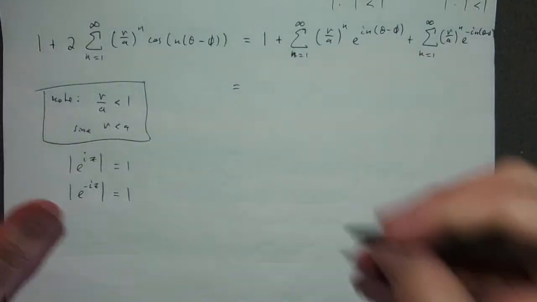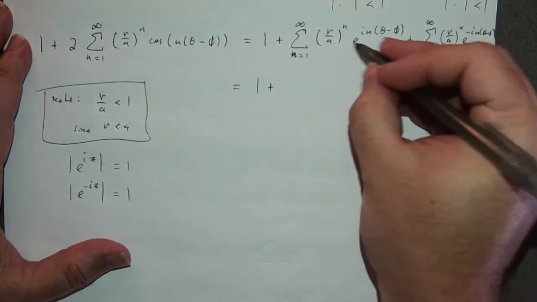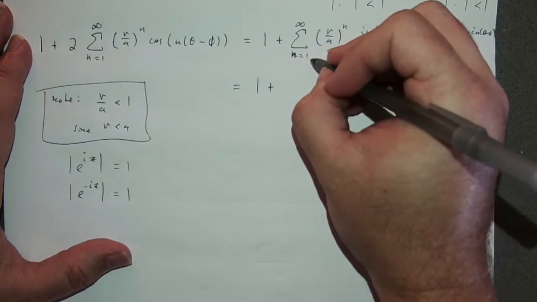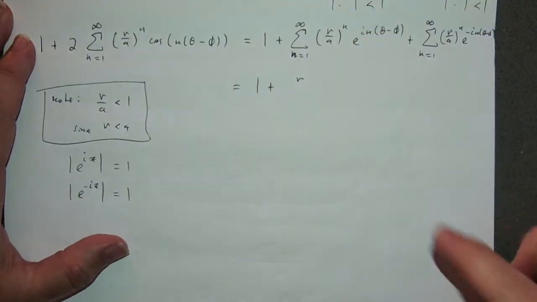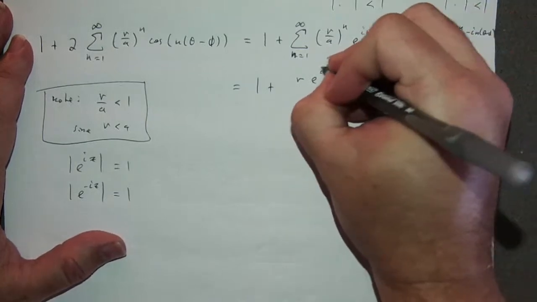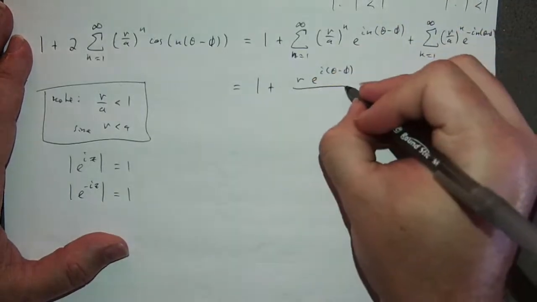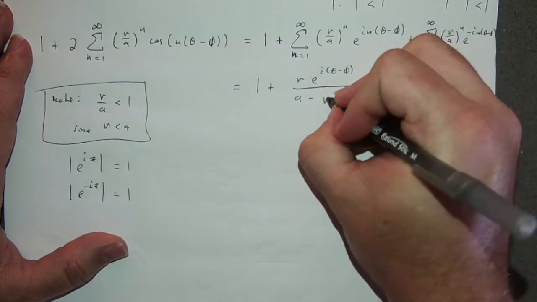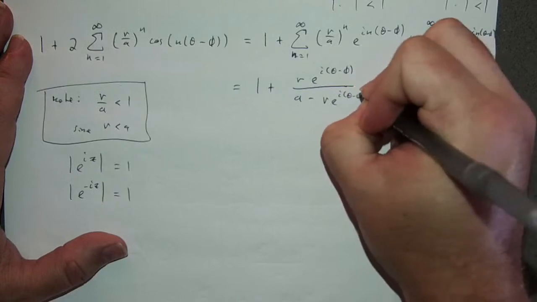So what is that? This is 1 plus, the geometric series formula for this sum is r, because this starts at 1 instead of 0. I'll go ahead and do the algebra and distribute a in the denominator. So this would be r e to the i (theta minus phi) divided by a minus r e to the i (theta minus phi).